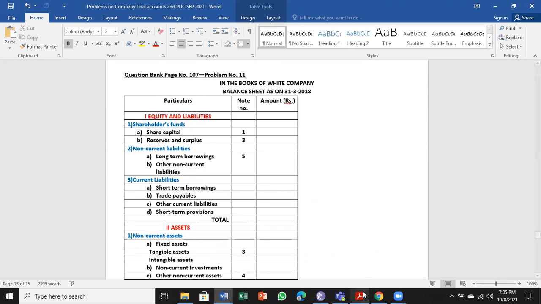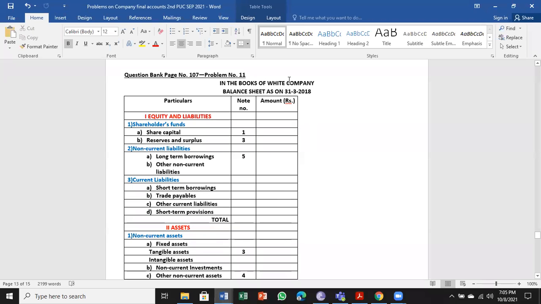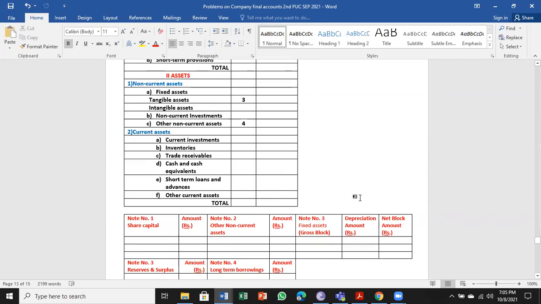So in the books of, you have a name here, White Company. So I have taken that over here, in the books of White Company as on 31/3/2018. You can see the same page, question number 11. Okay, question bank 11th one. So I have a pro forma with me.